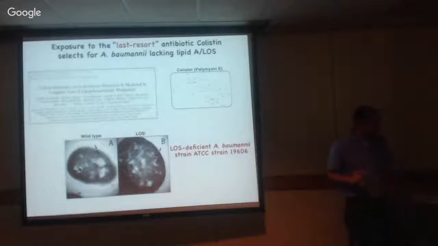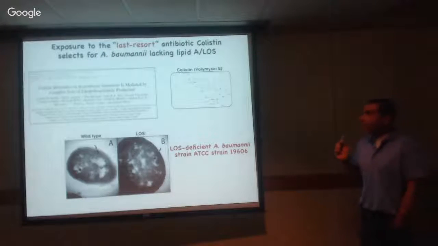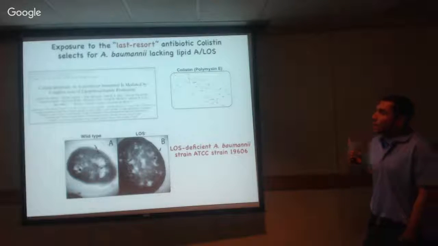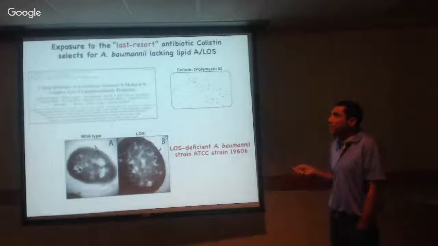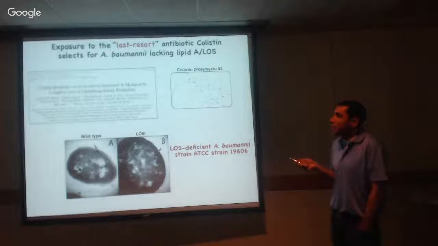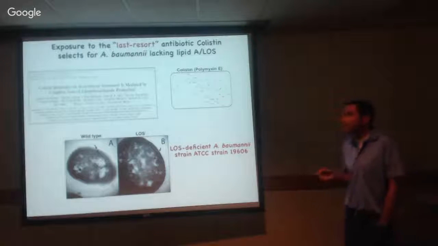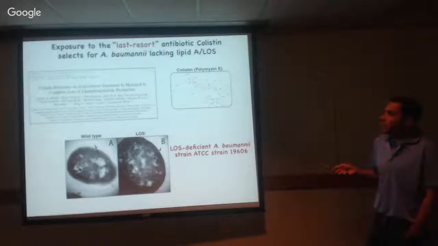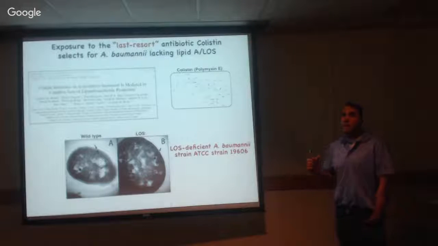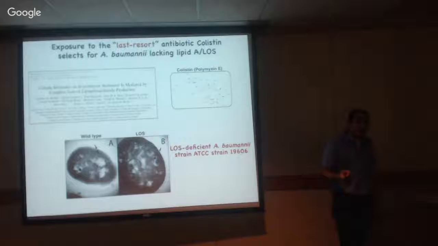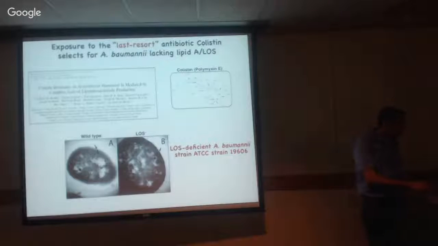But when I started working on Acinetobacter, I was really interested in this paper that was published in 2010, because it really challenged what we think about the importance of lipopolysaccharide in gram-negative bacteria. This paper showed that when they plated Acinetobacter baumannii cells on colistin, they could then isolate colonies that no longer produced lipopolysaccharide, which was thought to be essential for gram-negative cell survival.